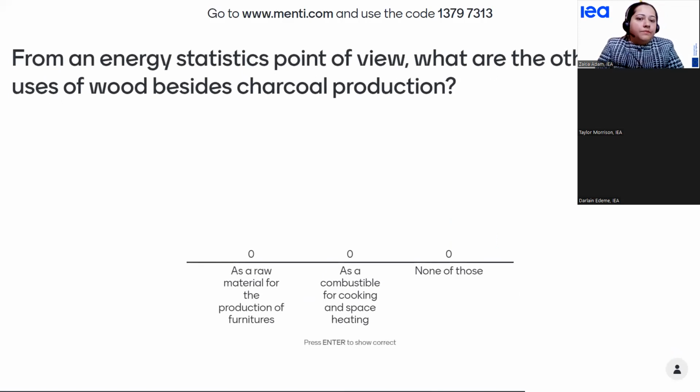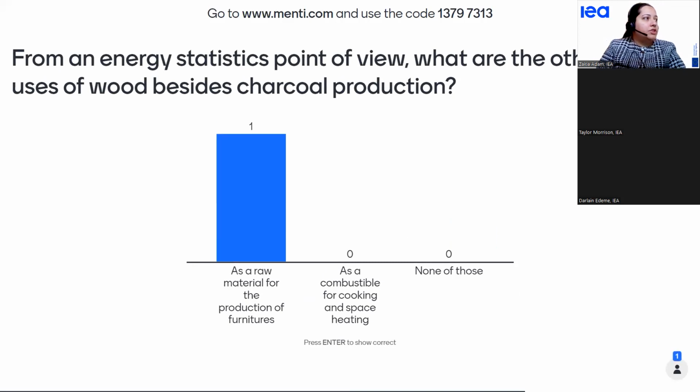Next question. From an energy statistics point of view, what are the other uses of wood besides charcoal production?